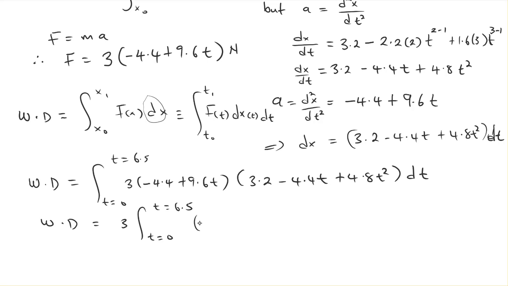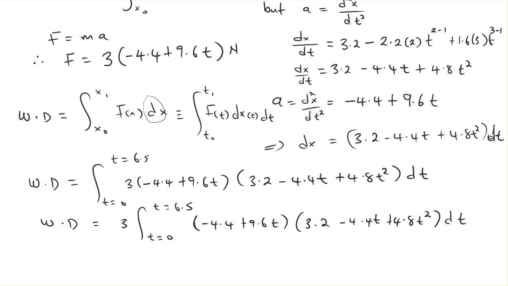We can see that negative 4.4 plus 9.6t is the derivative of 3.2 minus 4.4t plus 4.8t squared.